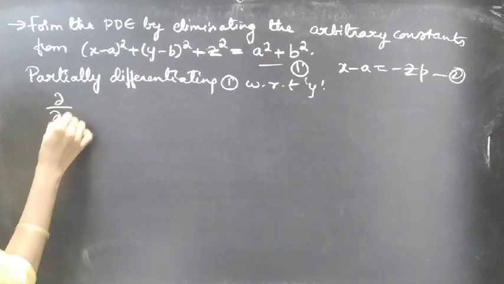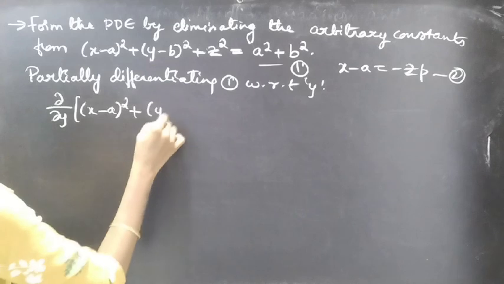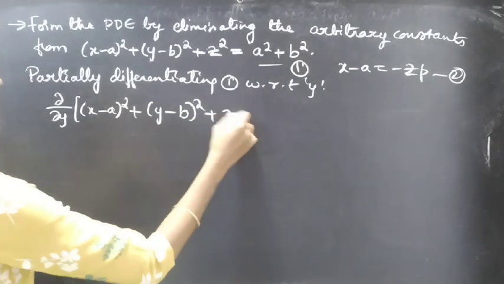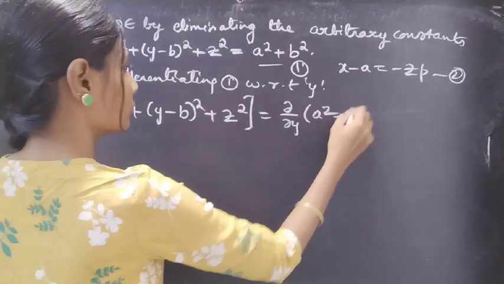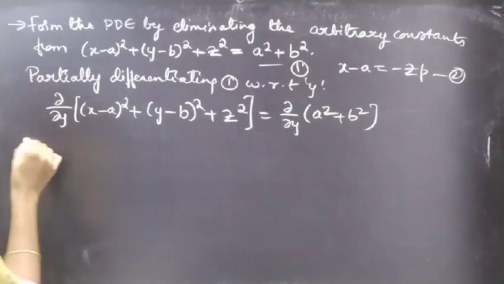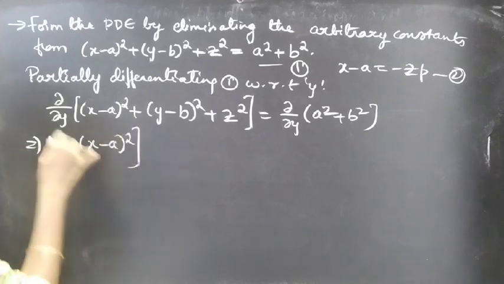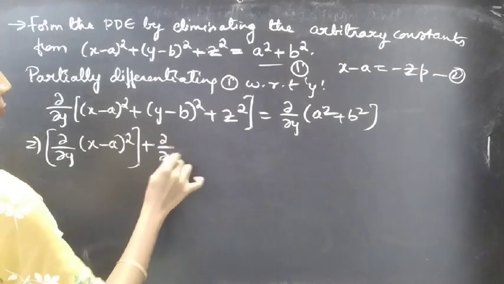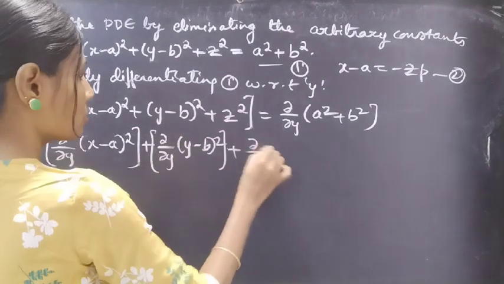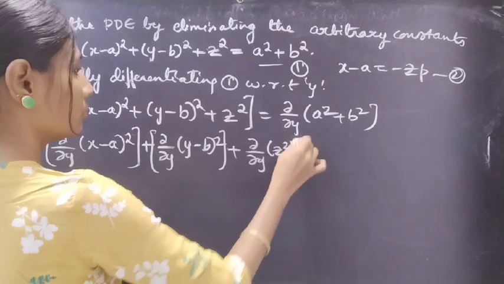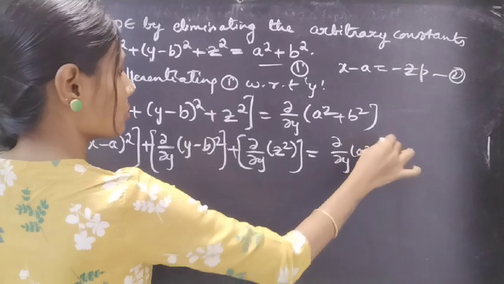Just apply dou by dou y on both sides of 1: dou by dou y of (x minus a) whole square, that is the first term, plus dou by dou y of the second term, plus dou by dou y of the third term, equal to dou by dou y of the RHS.